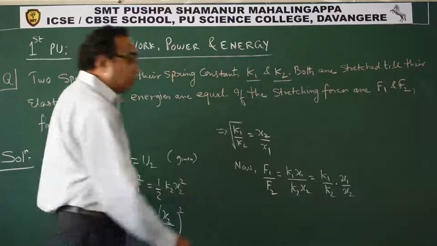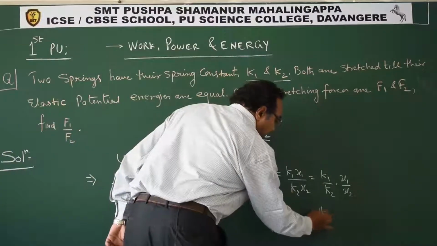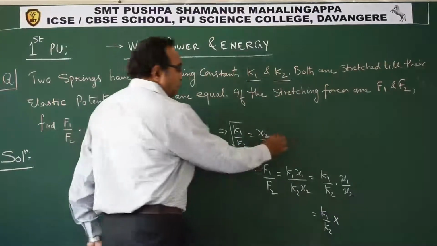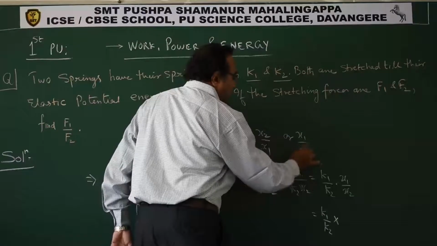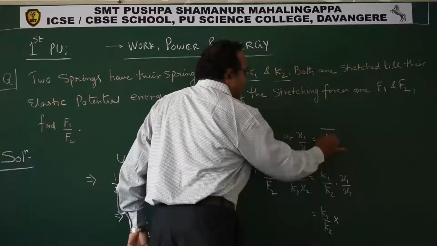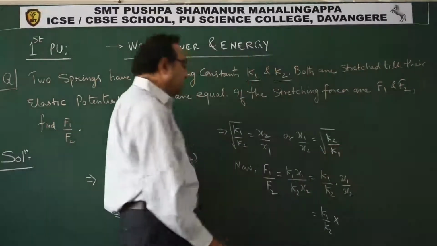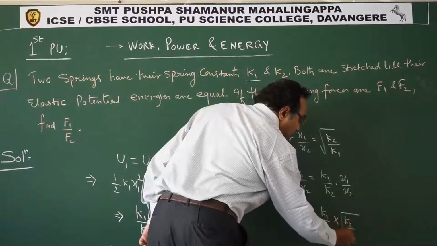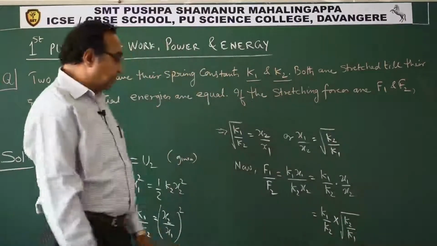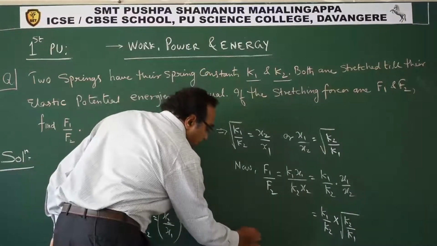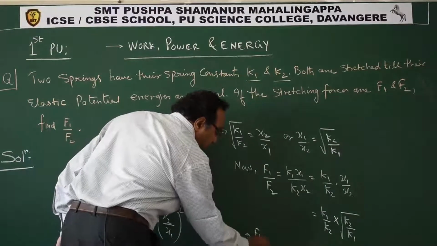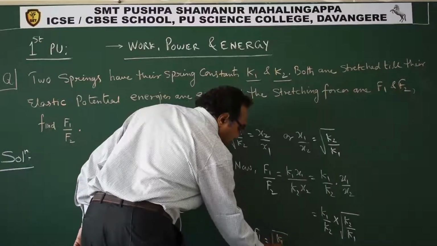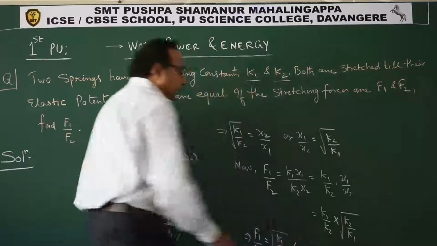X1 by x2 will be what? x1 by x2 is root of k2 by k1. We can write this way. Simplify this. So therefore we can say f1 by f2 will be, if you simplify this, you will get root of k1 by k2. That is your answer.